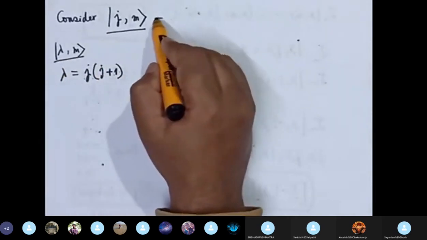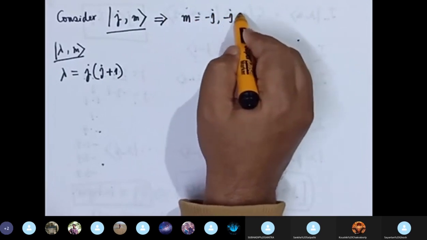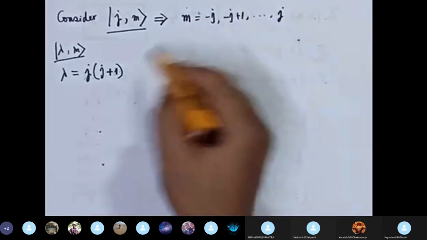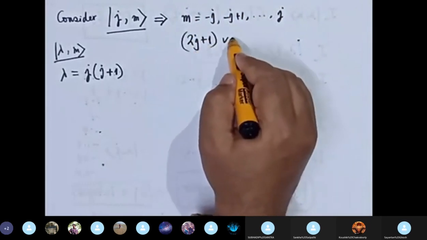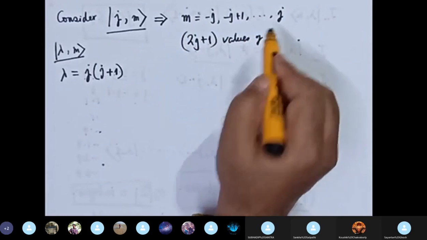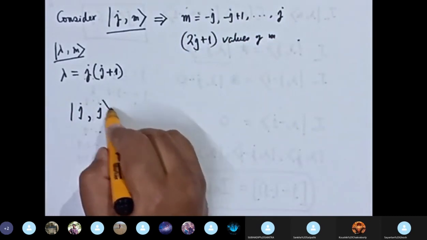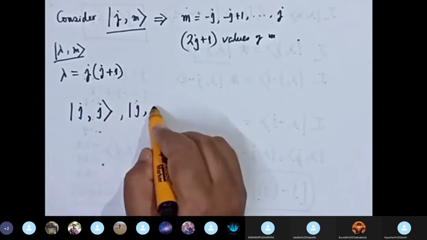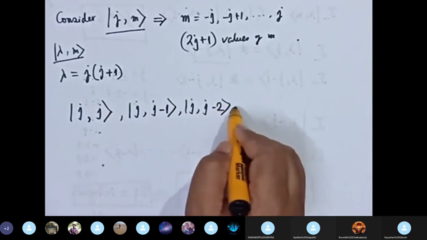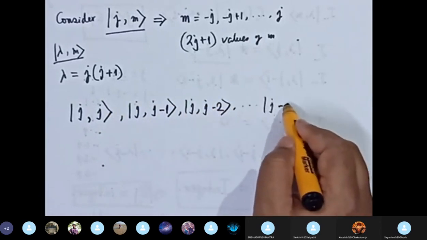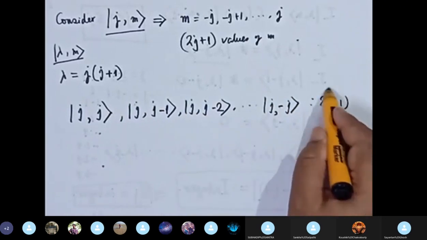Now how many possible values of m are there? Minus J plus 1 up to plus J, or you can do the reverse way. So there are 2J plus 1 values of m. Now think of these states. The first value is the highest value, the next value is this, and the end value is this. So there are 2J plus 1 such states.